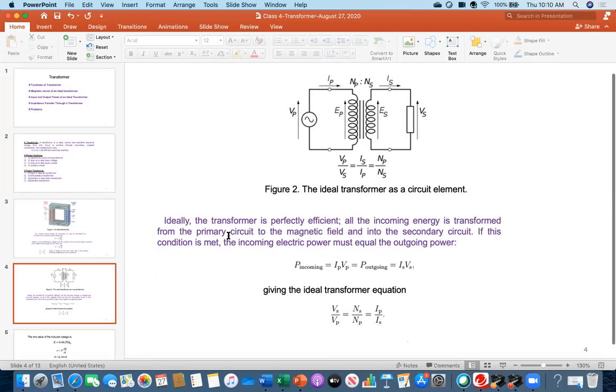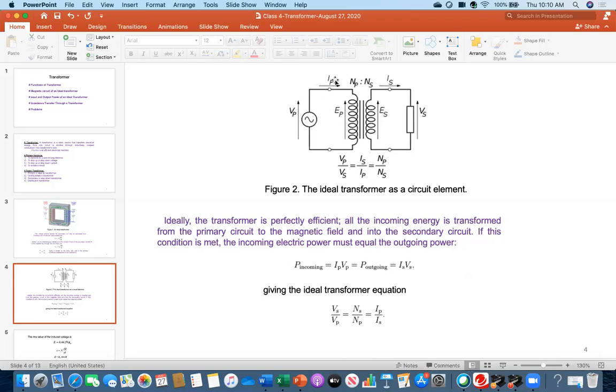Everybody read this one. Ideally, the transformer is perfectly efficient. All the incoming energy is transferred from the primary circuit to the magnetic field and into the secondary circuit. If this condition is met, then the incoming electric power must equal the outgoing power. So you all know the law of conservation of energy. Energy can neither be created nor destroyed. It can just be converted from one form to another form. So this means on the primary side, what is the power?